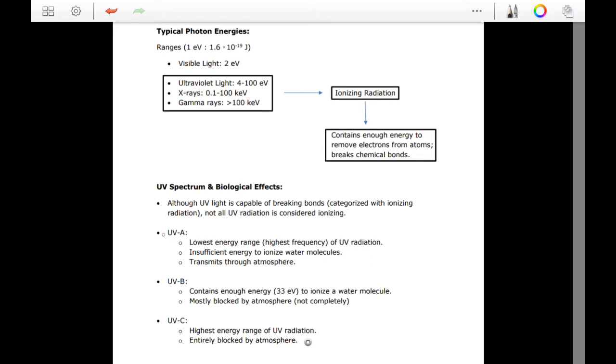And so this UVA, ultraviolet light A, does not have sufficient energy to actually ionize the water molecule, which we use to prove that that radiation has the potential to ionize. And so when we look at UVB, UVB is actually the first UV light to be able to ionize a water molecule, and UVB sits around 33 electron volts for energy. And so you would be able to convert that to frequency to find where on the electromagnetic radiation spectrum it sits. And so UVC has the highest energy range of UV radiation. So this definitely can ionize a water molecule.